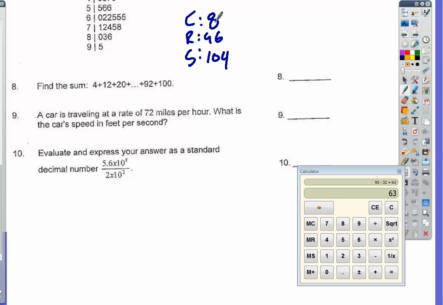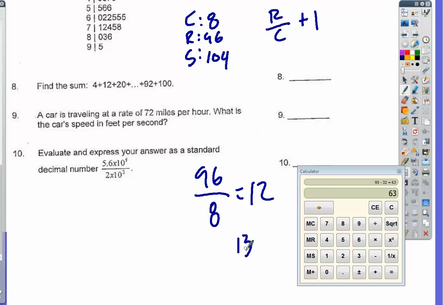So the first thing we do is we take the range and divide it by the counting number. So in this case, we do 96 divided by 8, and we get 12. I hope. And then you add 1, so now we have 13.